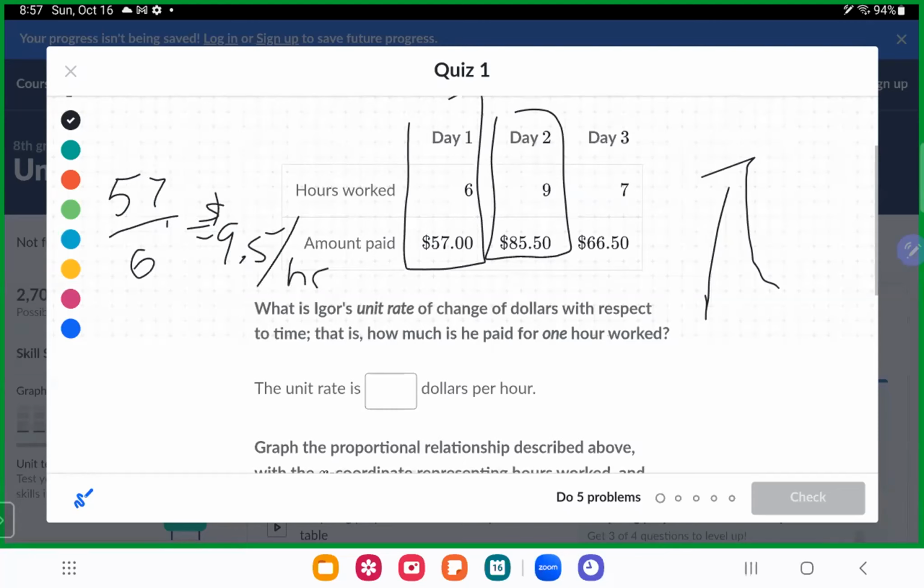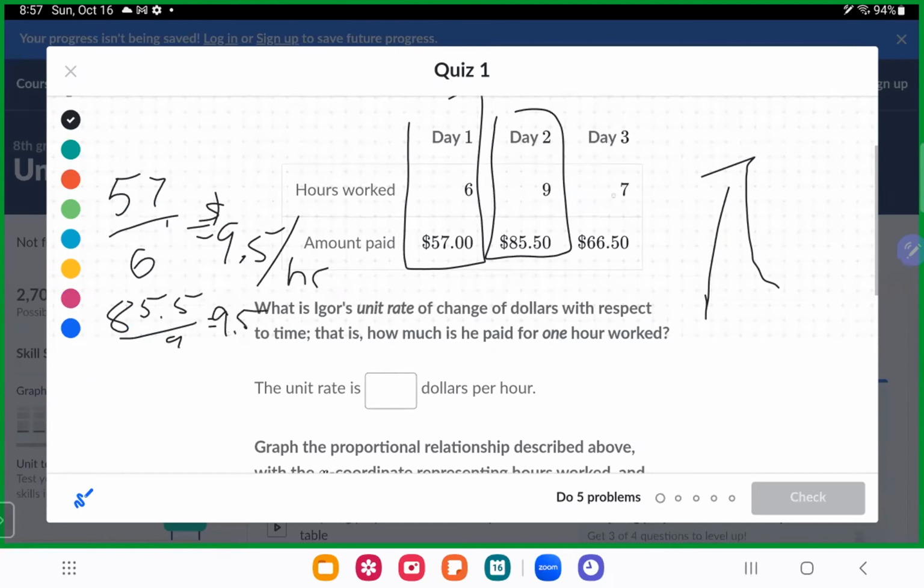Let's see if we get the same thing when we do 85.5 divided by 9. Hey, 9.5.